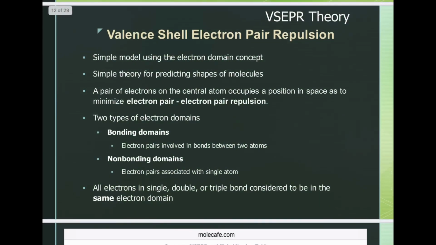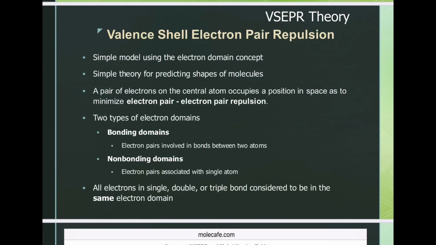Now the VSEPR theory, valence shell electron pair repulsion, a simple model using the electron domain concept, a simple theory for predicting the shape of molecules. A pair of electrons on the central atom occupies a position in space so as to minimize electron pair repulsion.